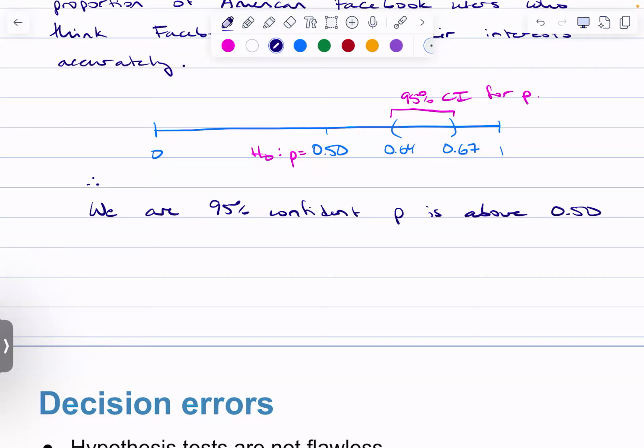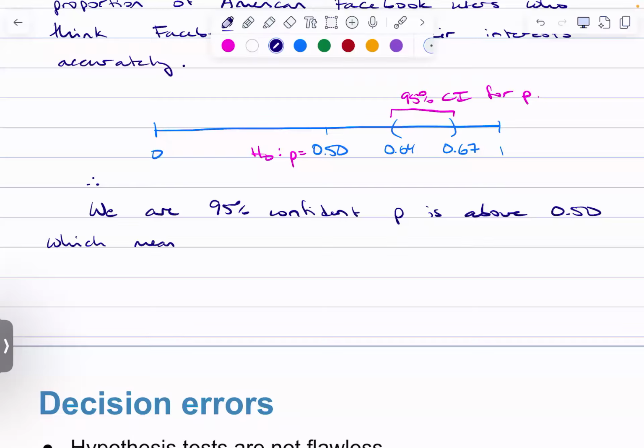H naught was saying, hey, P is 0.5, don't worry about it. And then we said, well, that's not what my numbers are telling me. My data is telling me that it's somewhere between 0.64 and 0.67. What do you have to say for yourself? Well, you could be wrong. No, it's not that much back and forth, but so we're 95% confident that P is above 0.5.